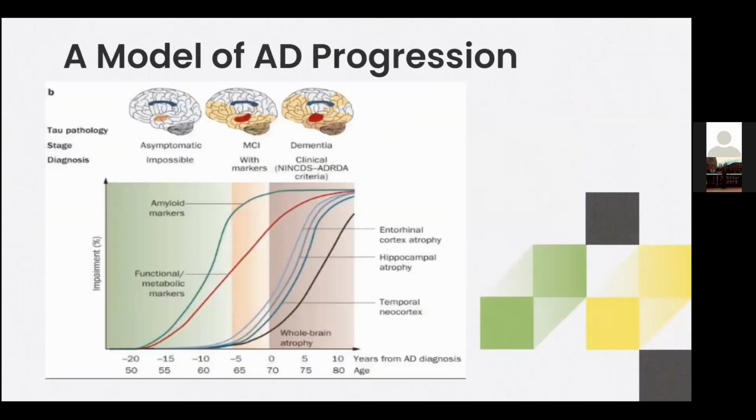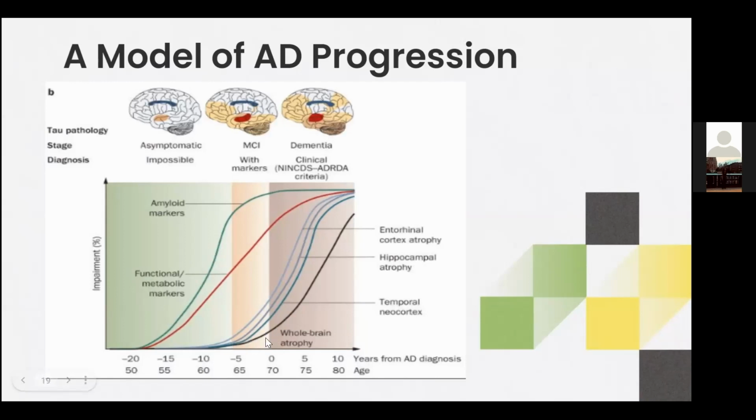So this is a model of Alzheimer's progression. If you look at the years from Alzheimer's diagnosis, as the years go by and get nearer to diagnosis, the atrophy in the brain also increases with the impairment in the brain. Impairment means there's a decrease in cognitive function.